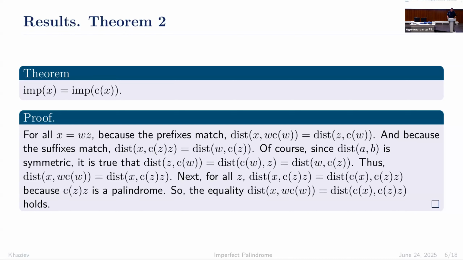And so the distance between x and w C of w is equal to the distance between C of x and C of z concatenated with z. Okay, I guess it was a hard one, a strange moment.